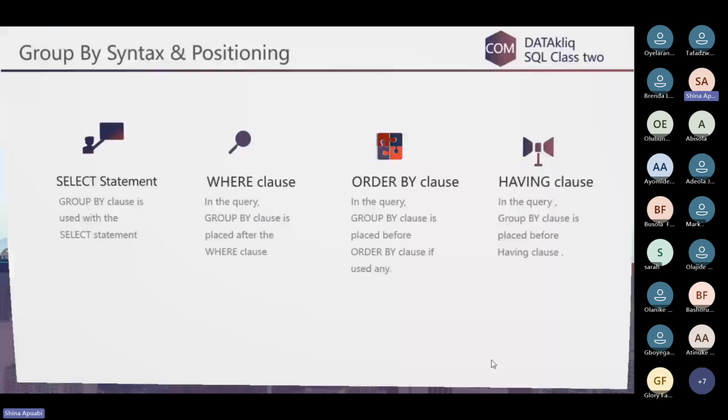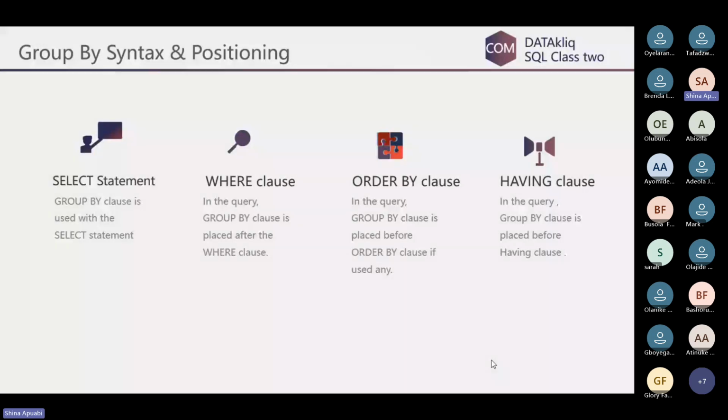So we have some syntax and positioning. You are going to see the real thing. We have the select statement, which we have been using since yesterday to return what we are looking for. The where clause can be used sometimes, if we are trying to filter certain information.